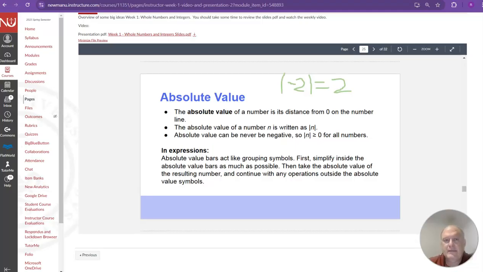And also, the absolute value of 2 is also 2, because 2 is also 2 units from 0. So keep that in mind. That's sometimes tricky, but the absolute value of opposites is the same. And the absolute value is always positive because it's a distance. You drive a positive distance.